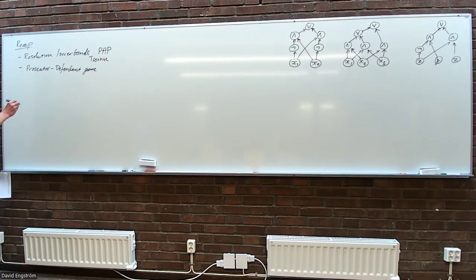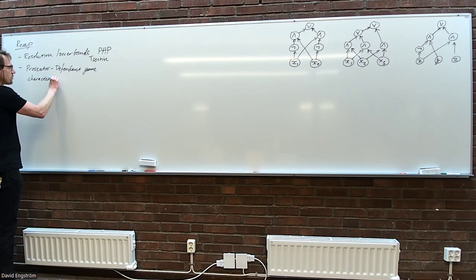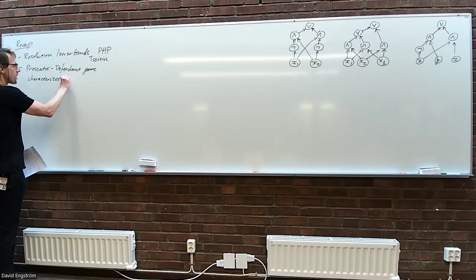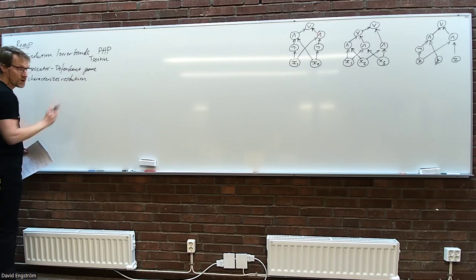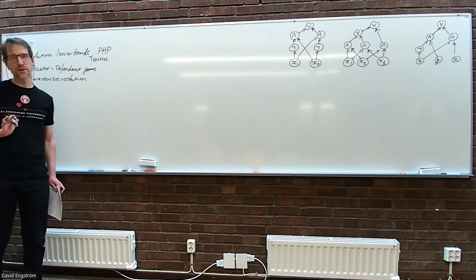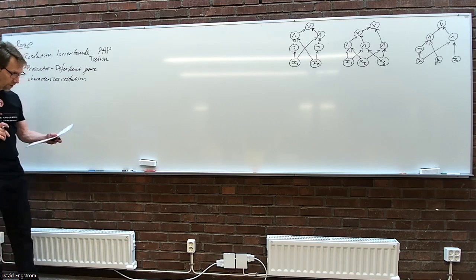So the prosecutor-defendant game is exactly a resolution. It characterizes resolution. And so what this means is that in principle, as soon as you have a resolution lower bound, there is a defendant strategy hiding in there somewhere.